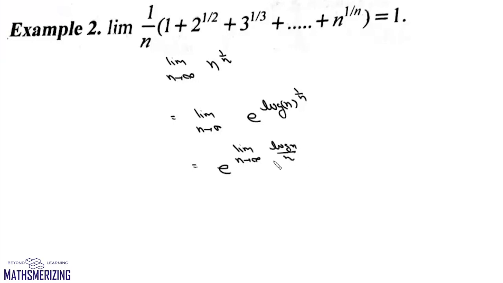Now this is log infinity upon infinity, so it is the infinity upon infinity form. We can use L'Hopital's rule. We can write e to the power limit n tends to infinity, and it'll be 1 by n upon 1. So it'll be simply e to the power 0, which is 1. So the value of this limit is nothing but 1.